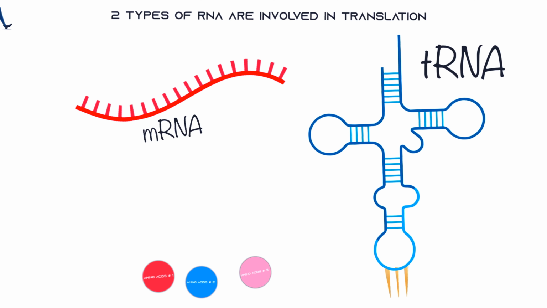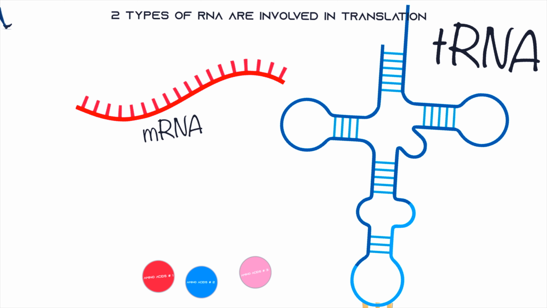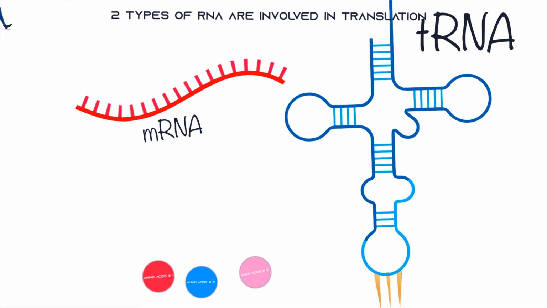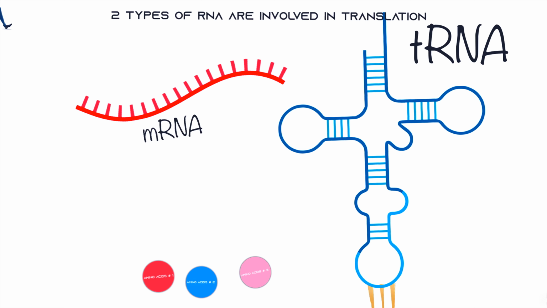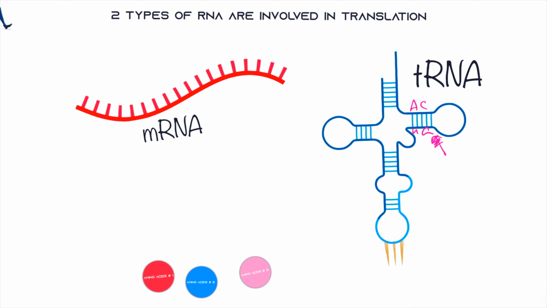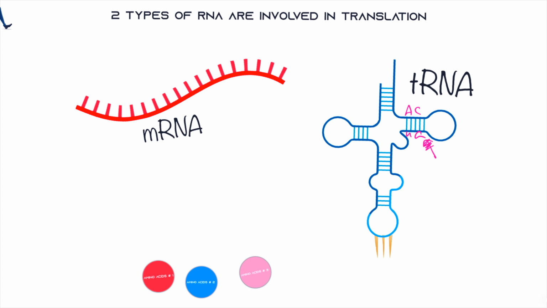As you can see, the looping and the folding of that transfer RNA occurs because of some pairing. So you see here, I have some RNA bases that are paired up with each other. Like you have an A and U, C with G, they're paired up and they turn this RNA into that specific shape. And always in biology, the structure or the shape has to do with the function.